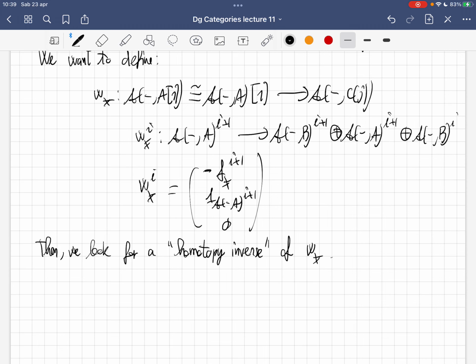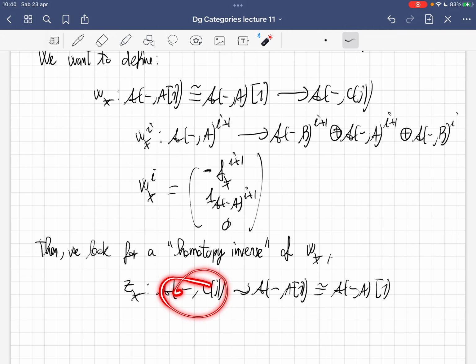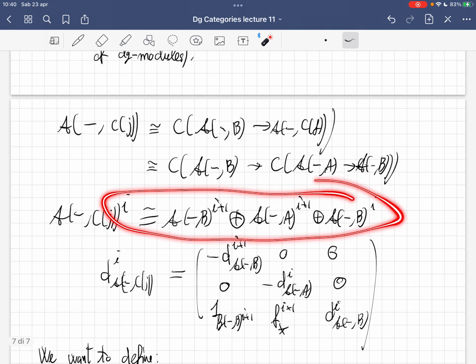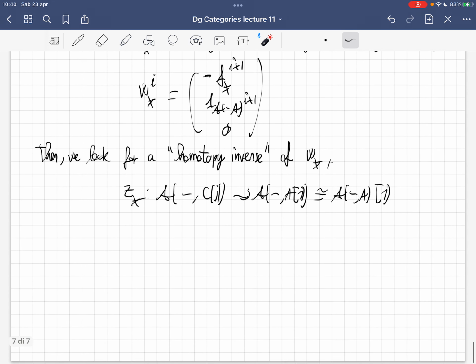and again I have to define something. Again, I call it this, from this to this, and again I identify this with the shift of the DG module, and this with this, and this with this huge thing.